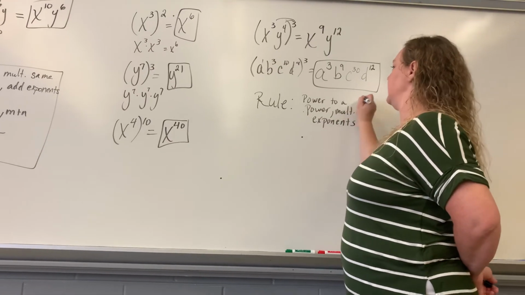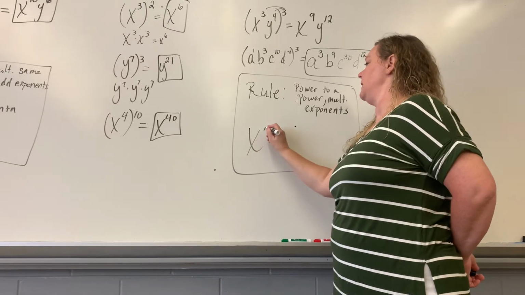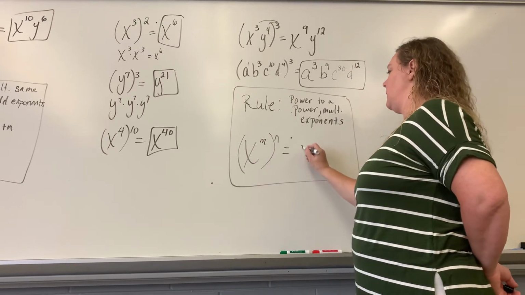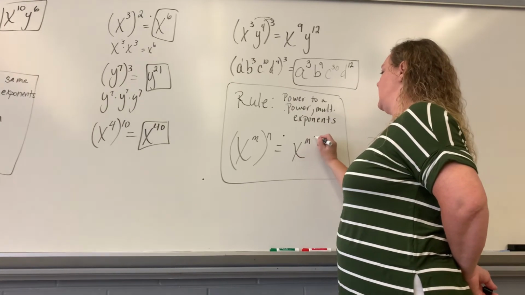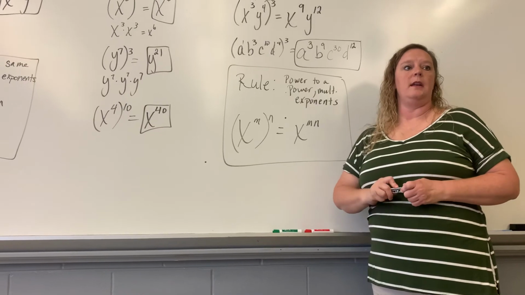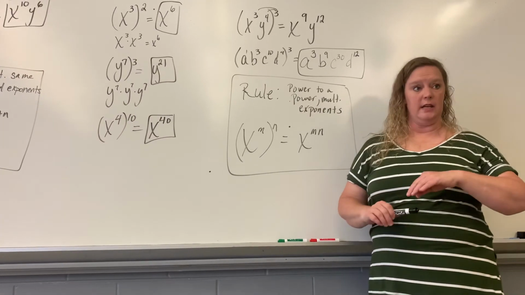So it looks like this. If I have x to the m to the nth power, then I would do x to the m times n. Okay?